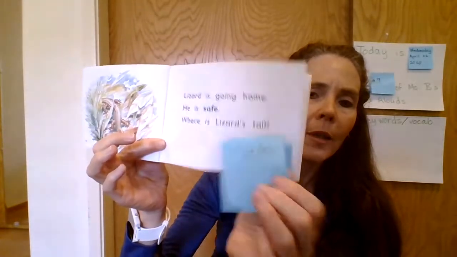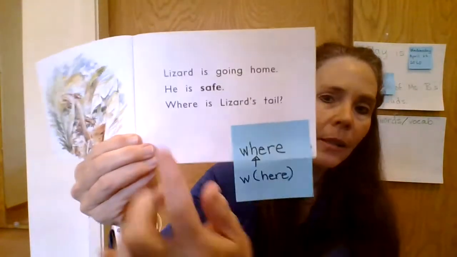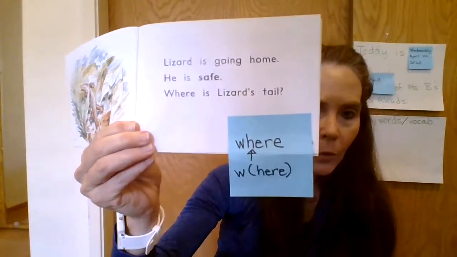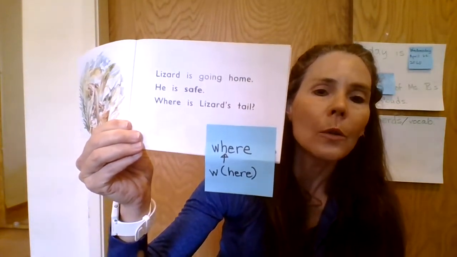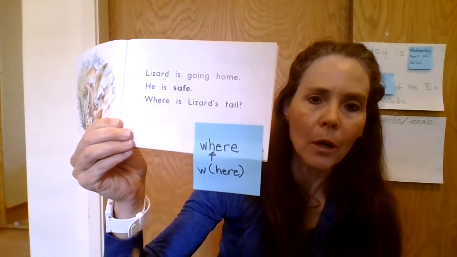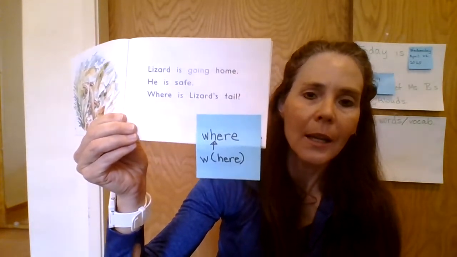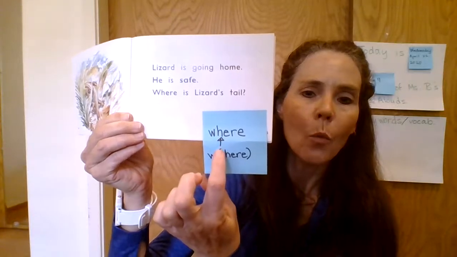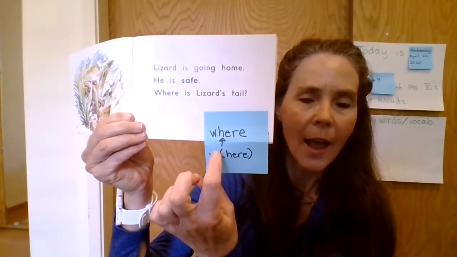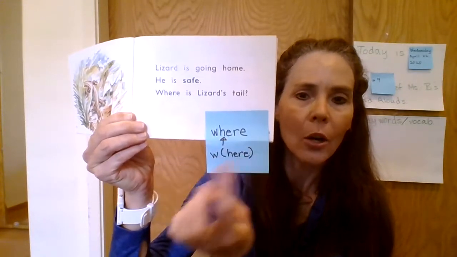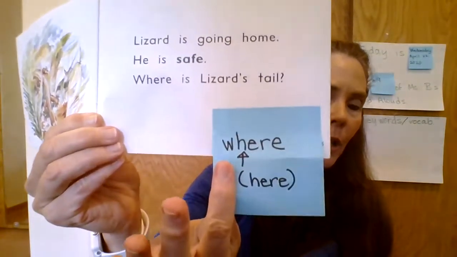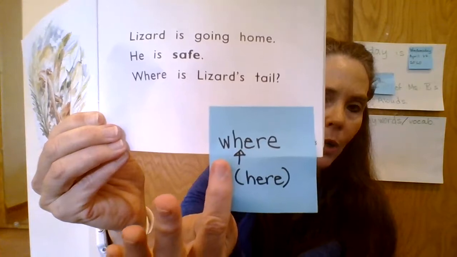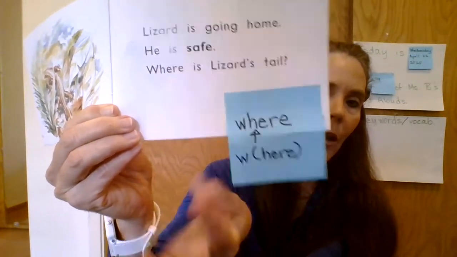Where is a word that's in a lot of our books at this level. Where. Do you know that I have friends who are my age who still don't know how to spell the word where? You have to remember that where has an H after the W. One thing that I do teach children sometimes if they're having trouble, where has the word here in it.